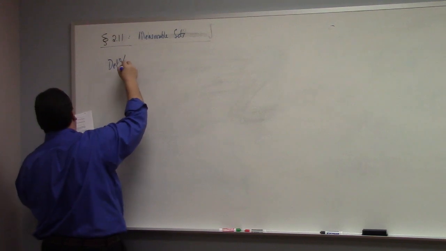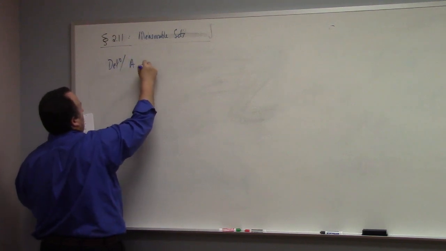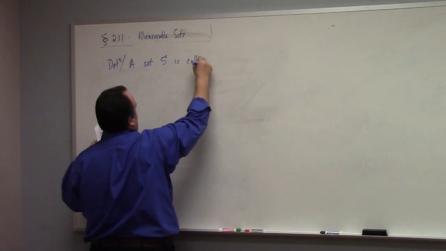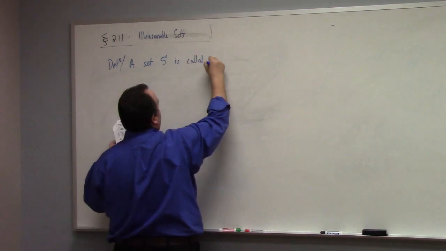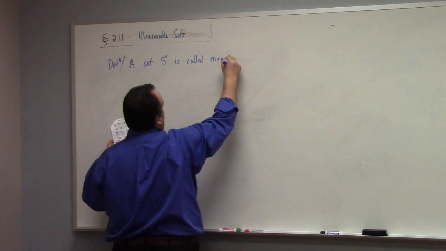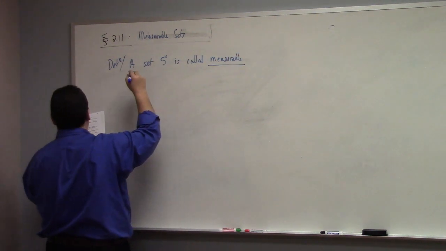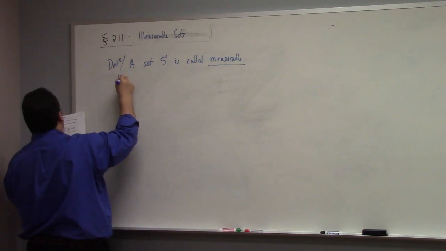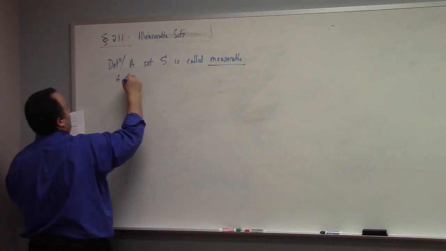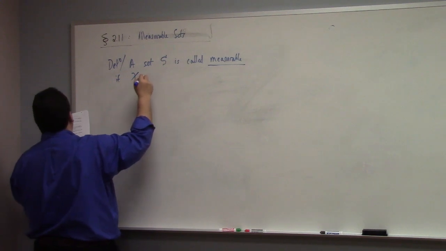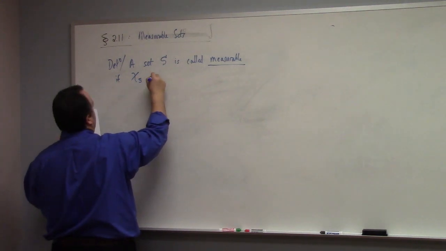And so here it is: a set S is called measurable if the characteristic function is a locally integrable function.